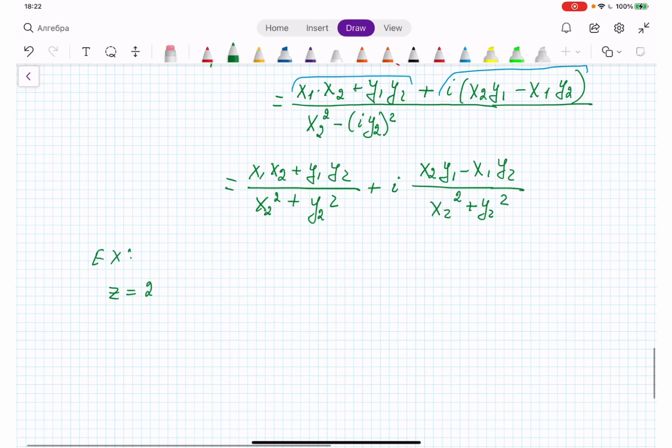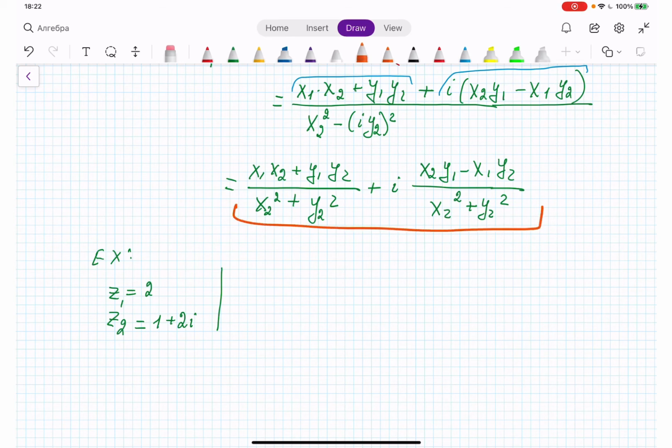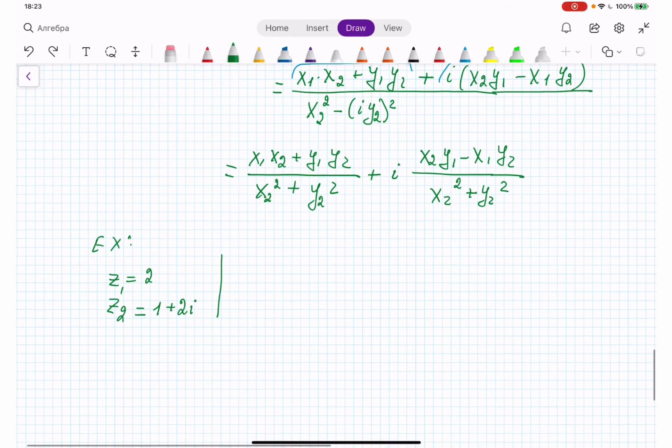And z2 is equal 1 plus 2i. I chose a little bit easy case, so we won't get into too much calculation. But since you have the template here, when you do division, you can follow it and you will get the result.